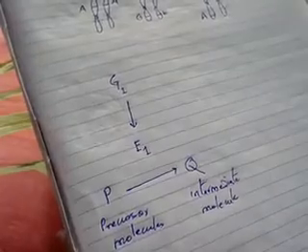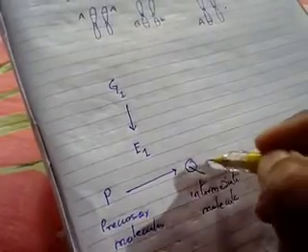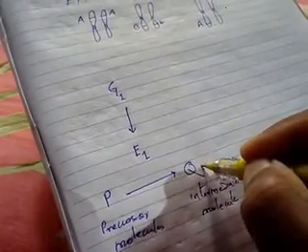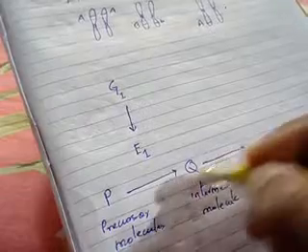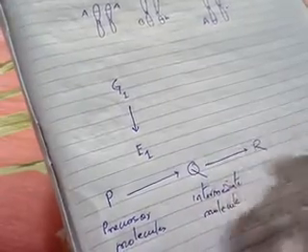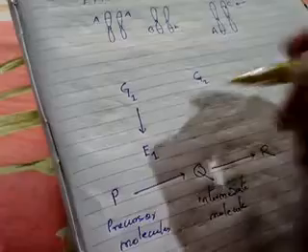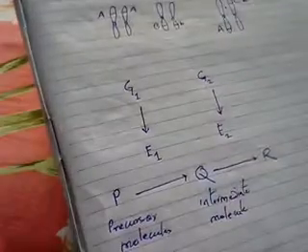not the final product. Intermediate molecule. This is just for an example. Q is then converted to R, because there is another gene called G2, which produces an enzyme called E2.